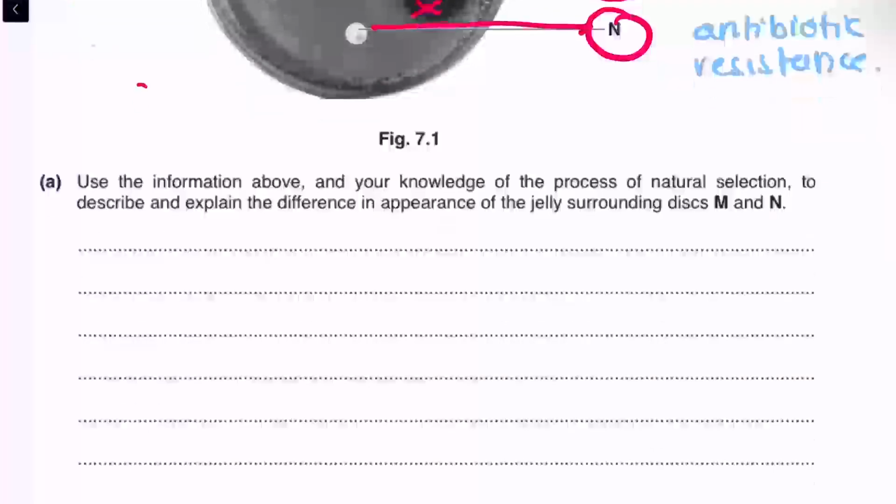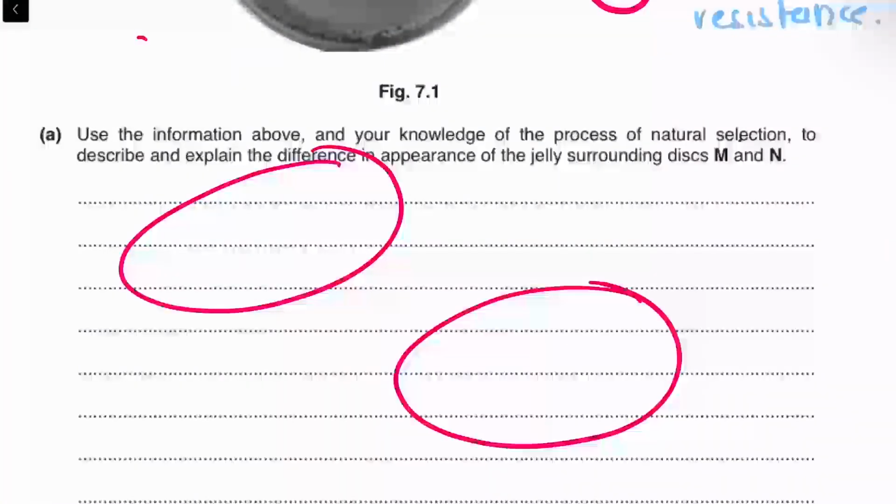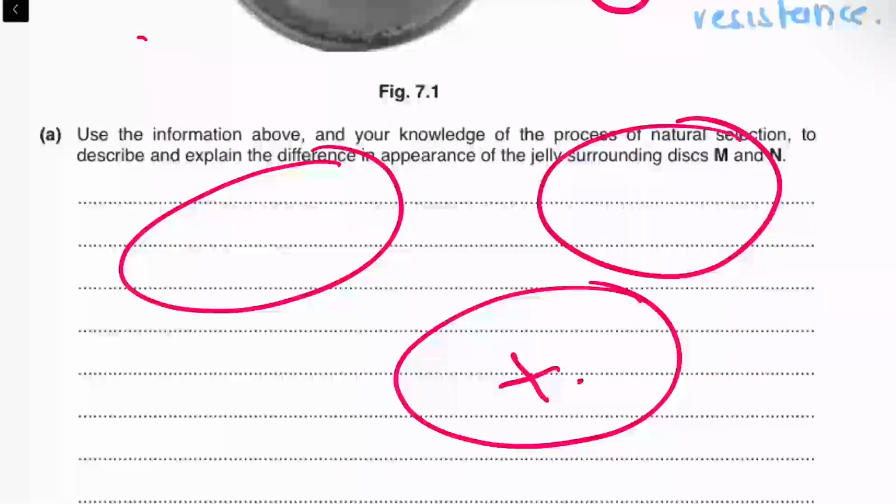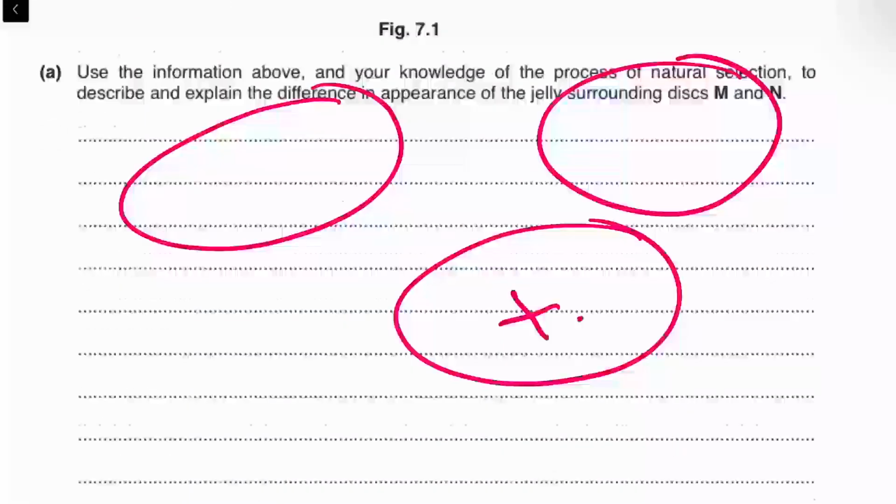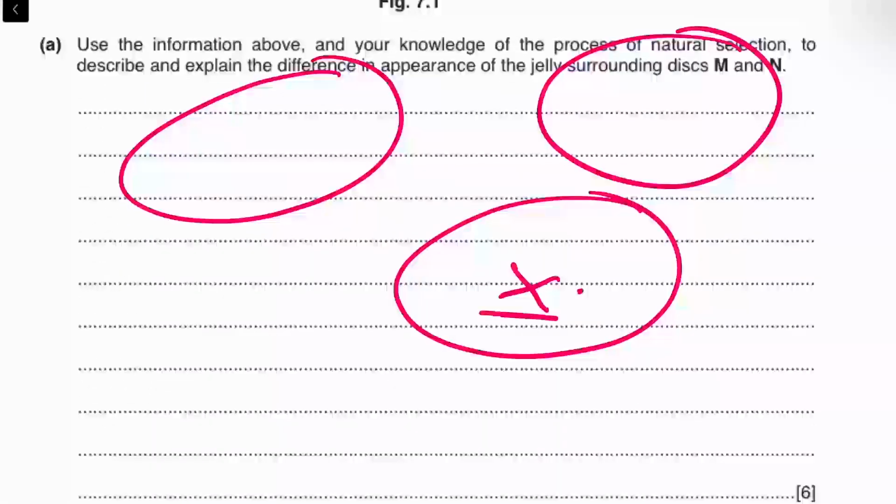You have several bacteria. One bacteria develops a mutation. This mutation, meaning there is a change in its gene, and that changed gene produces a protein that can withstand an antibiotic, resist an antibiotic, prevent an antibiotic from affecting it.